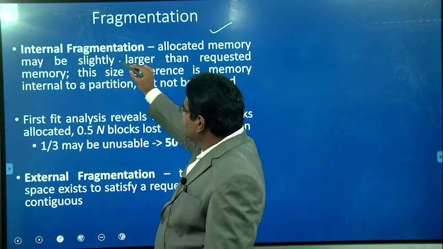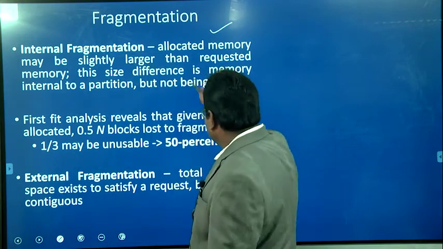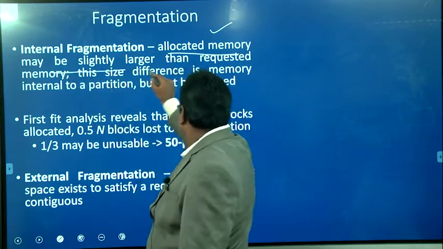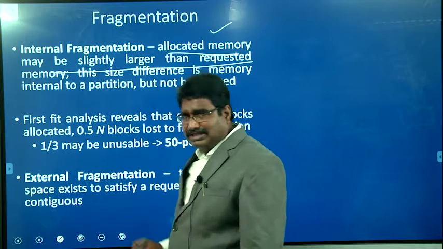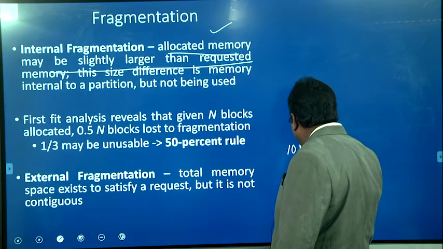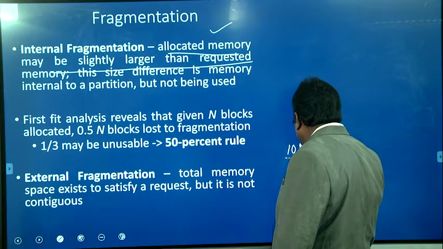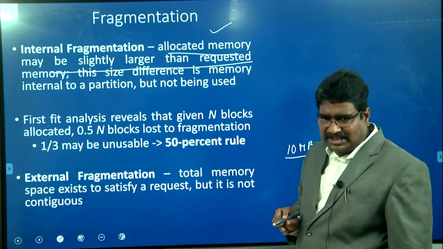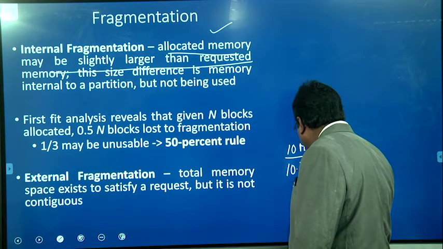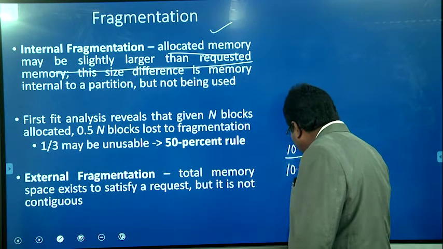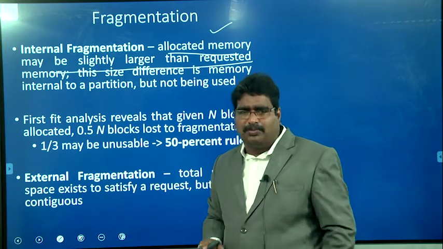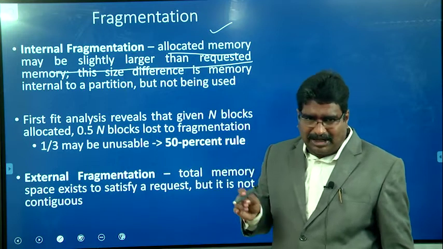Here we discuss internal fragmentation. That is, the allocated memory may be slightly larger than the requested memory. For example, in the previous example we need a 10 MB free space because the process size is 10 MB, but the available free hole identified in first fit is 10.1 MB. That 10.1 MB could be divided into two partitions, 10 MB and 0.1 MB.